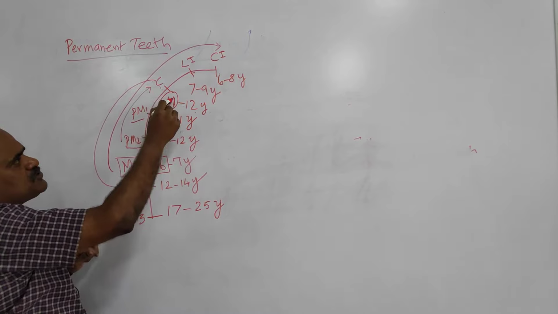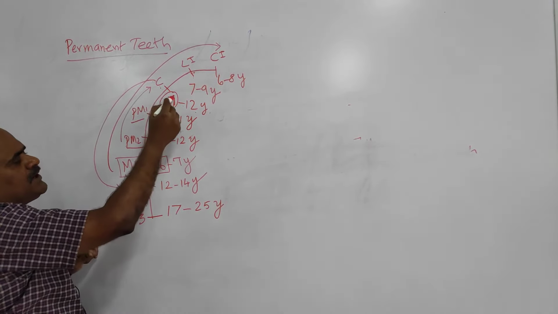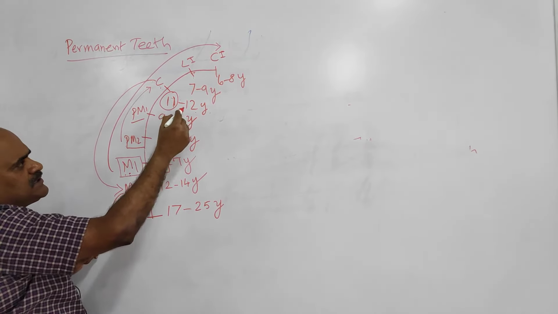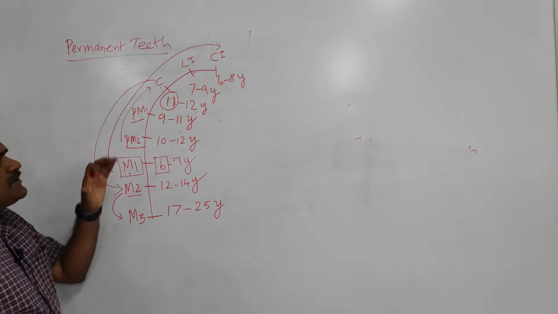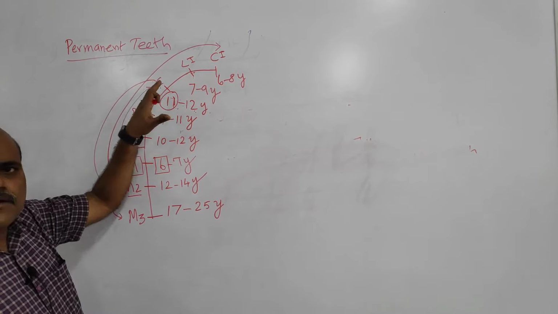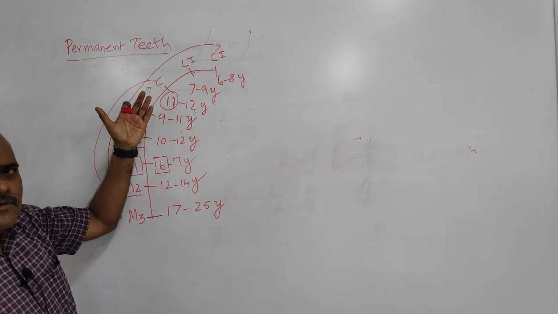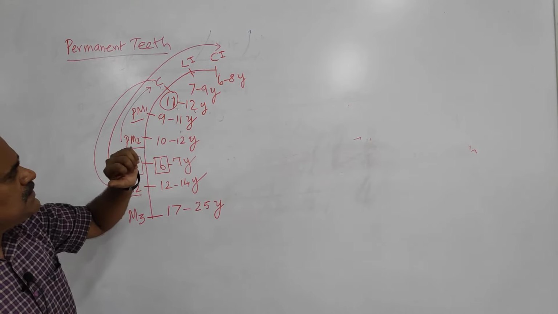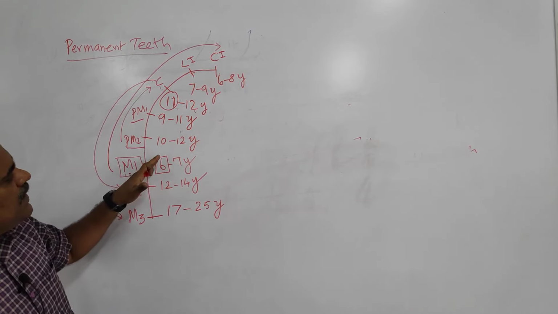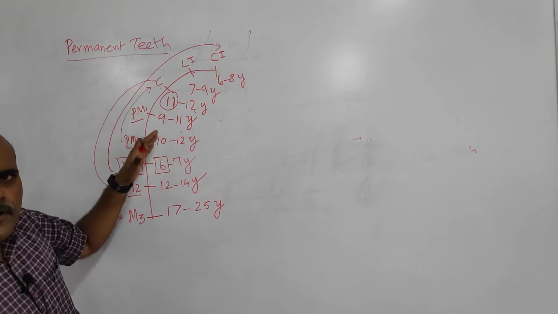Okay, this is the last one. So when the permanent canine erupted in any of the quadrants, which happens between 11 and 12 years, when all the permanent canines replace the temporary canines, that occurs between 11 and 12 years, child will be having both the temporary and permanent teeth.